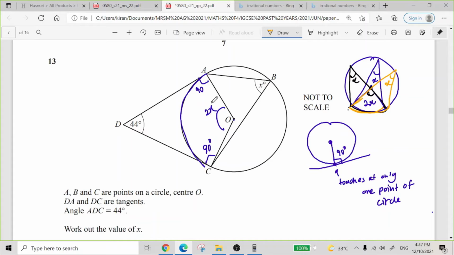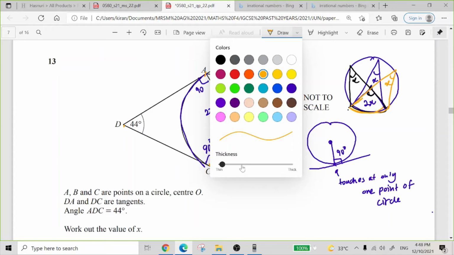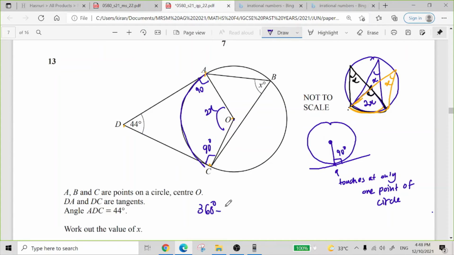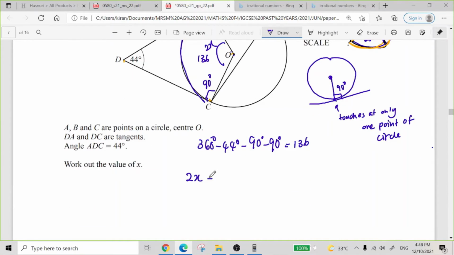So here we can find this angle, because we have a quadrilateral with 4 sides and 4 vertices. The total angle for this quadrilateral is 360. So 360 minus 44, minus 90, minus 90. Sorry, what nonsense is your teacher saying? This is not a quadrilateral? Of course it is a quadrilateral, because we have 4 corners. So 360 minus the numbers, the balance is 136. So 2x is equal to 136.